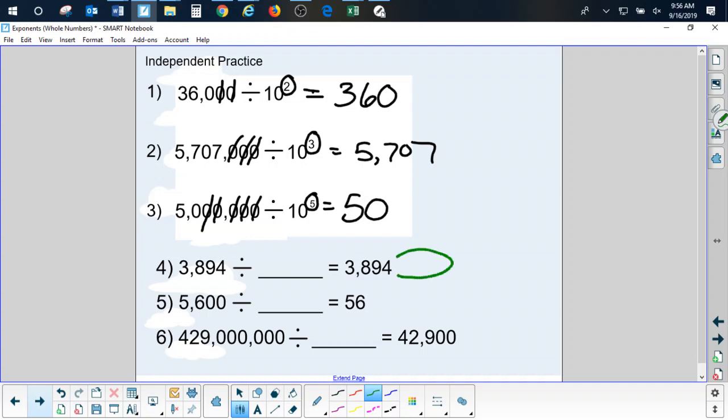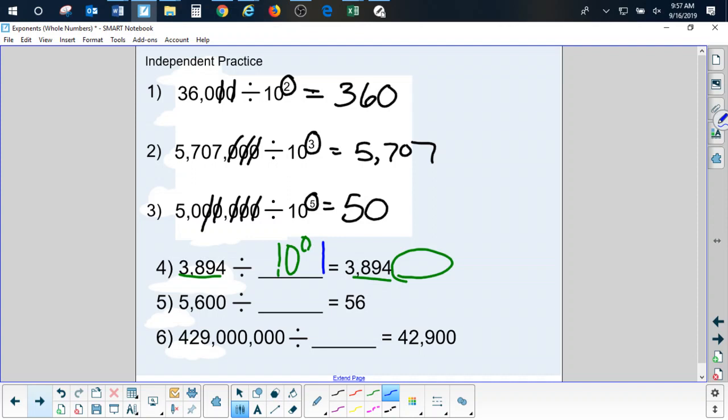You're looking for how many zeros were taken away from the original number. So in this case, both of the numbers were the same. So no zeros were taken away. So I'm going to have 10 to the 0. I could also have 10 to the 0 in standard or expanded form, which is just 1. So either answer is acceptable.